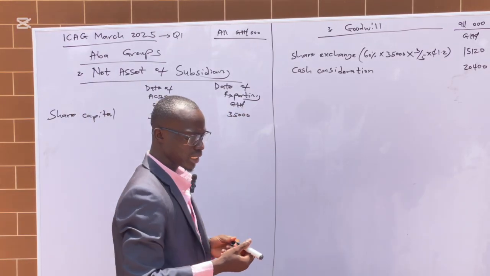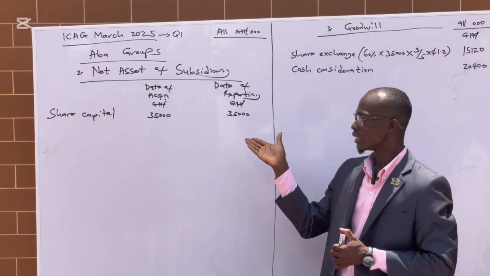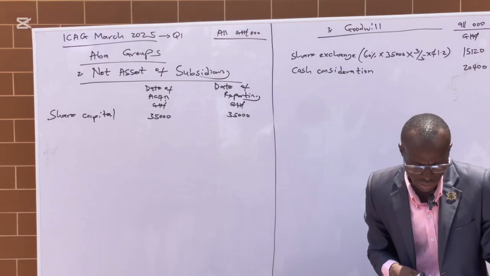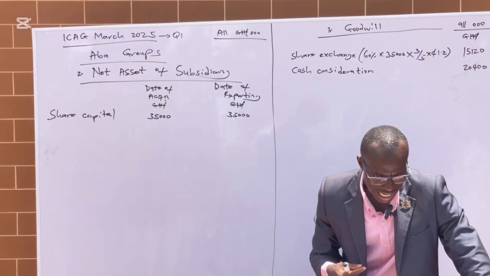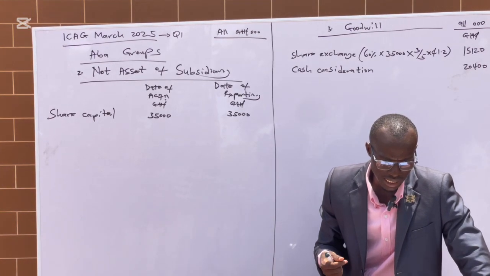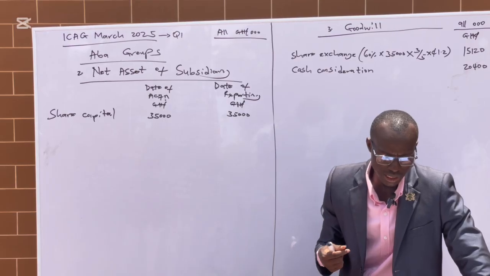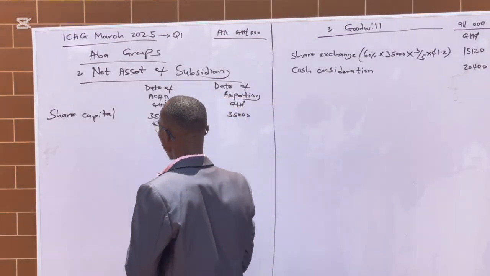Then in the question you check whether maybe there is revaluation, there is share premium, all those things you need to bring. But in this question, when you check under the equity side, the only thing that we have here is retained earnings as at 31st December 2023 and retained earnings as at 31st December 2024. So the 31st December 2023 one will be the opening retained earnings, and that one is 5,000.